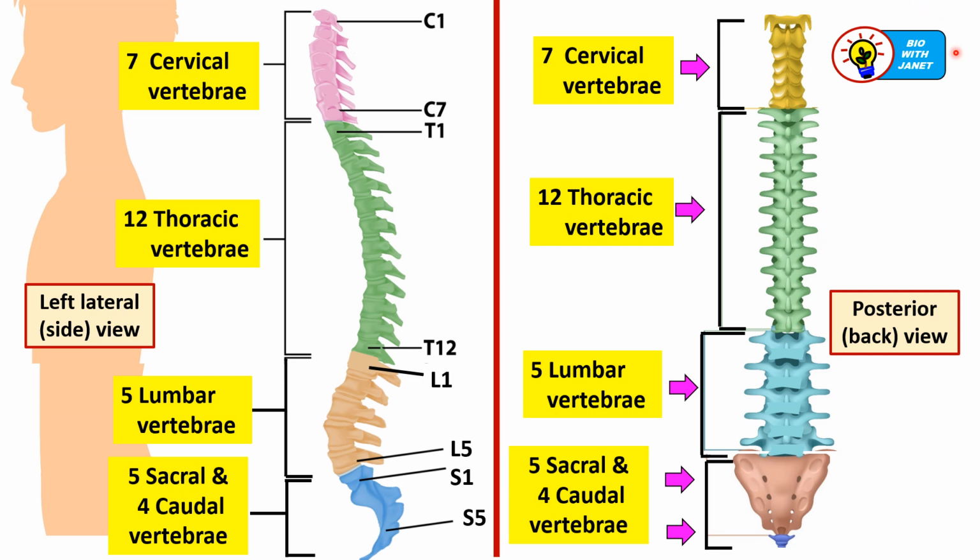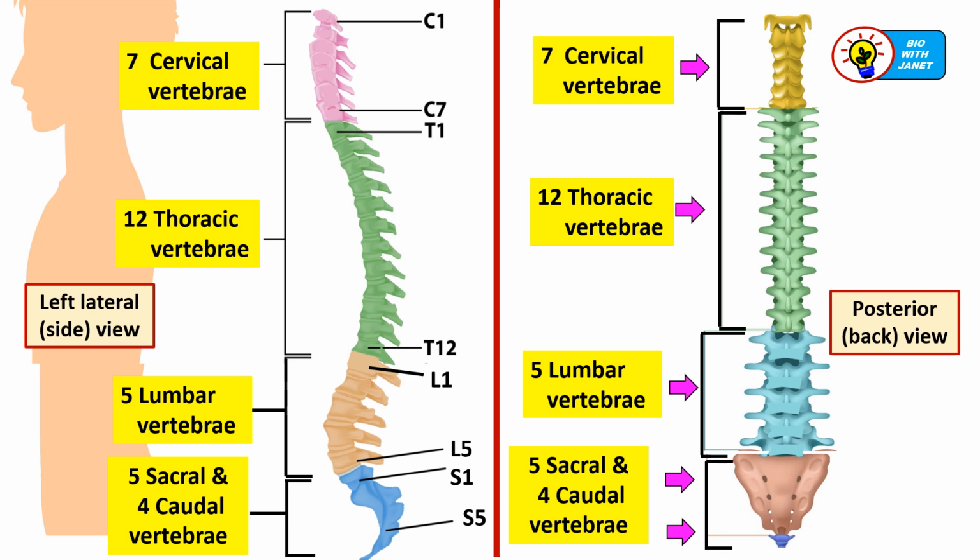So this is the back view or the posterior view, whereas this is the lateral view or the side view. If you look from this side, like when you look at this boy, this is the side view or lateral view.